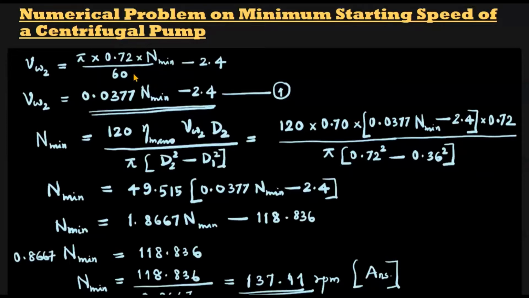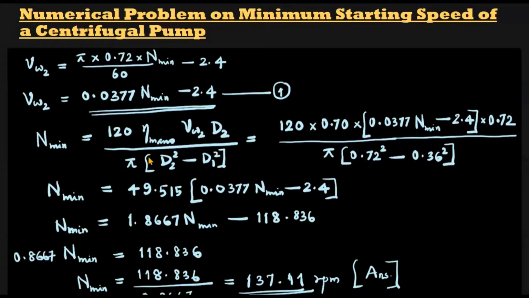So pi d2, diameter at outlet is 0.72 meter, into n minimum divided by 60, minus 2.4. VW2 is equal to, if you simplify this part, pi into 0.72 by 60, that is 0.0377 n minimum minus 2.4. Let it be equation number 1. So we got an expression for VW2 in terms of n minimum.